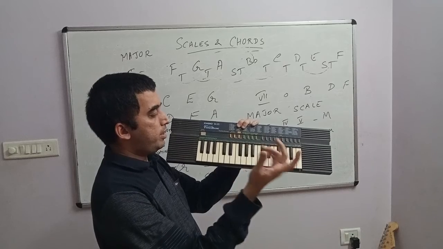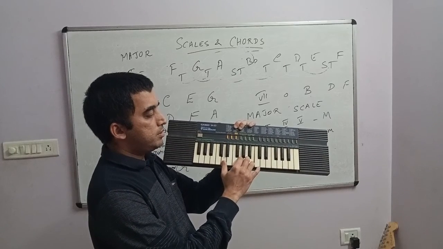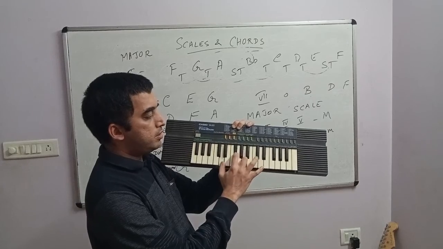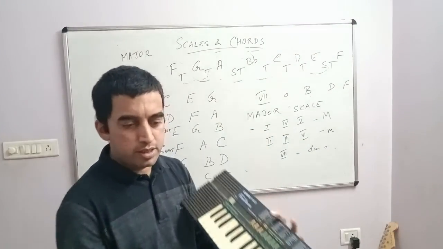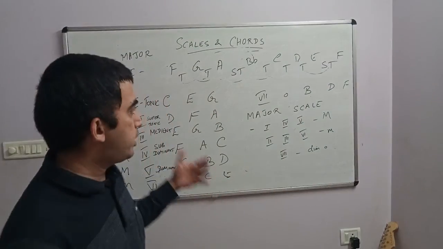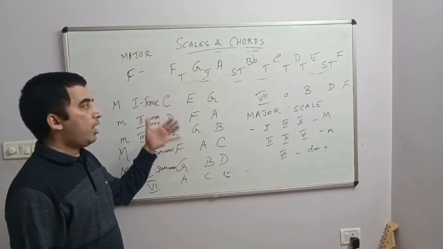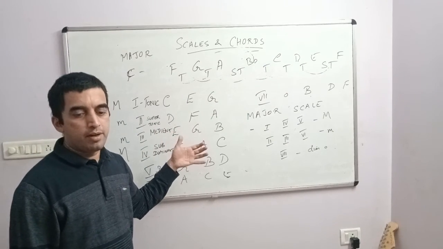Or if you say D major. Okay, so once you get this concept, it's all about doing this exercise repeatedly so that you get to understand how to find out the chords for that particular scale.